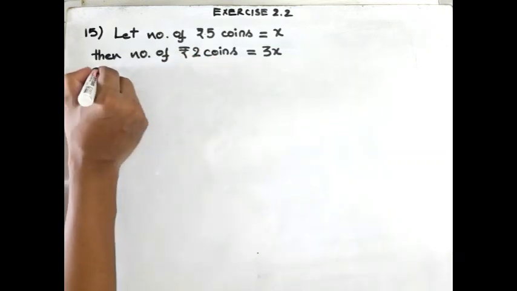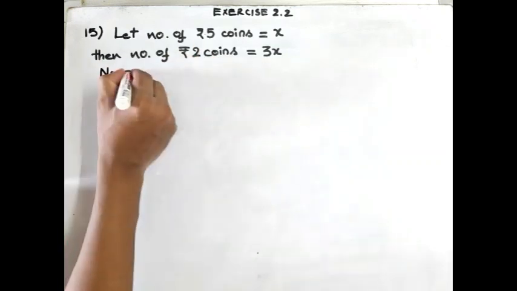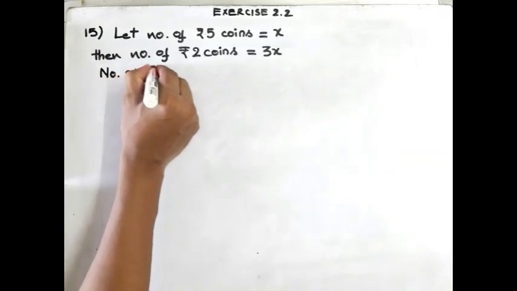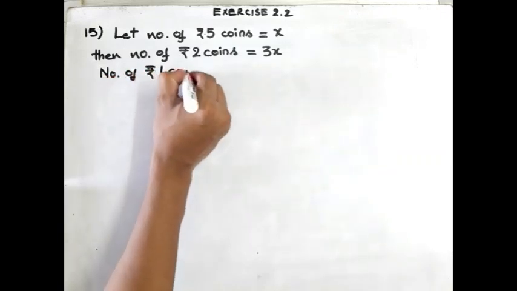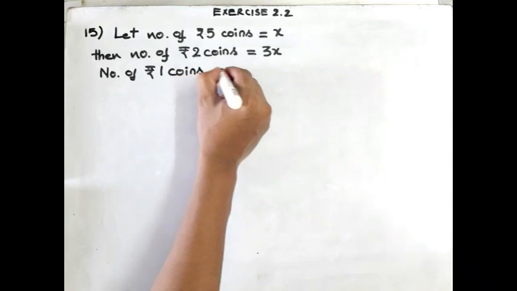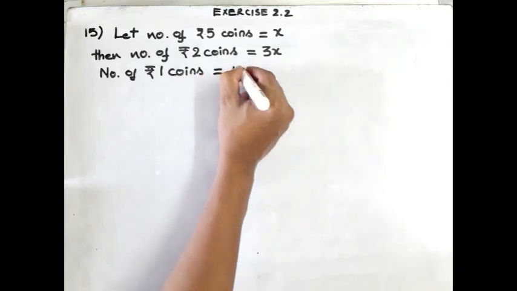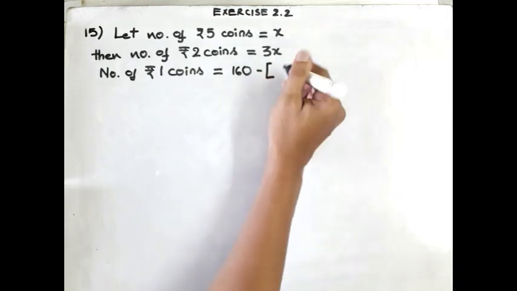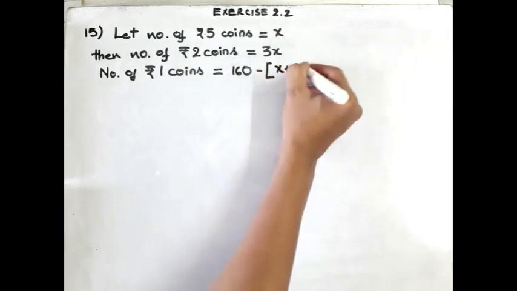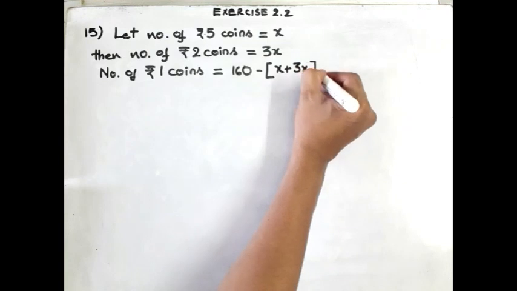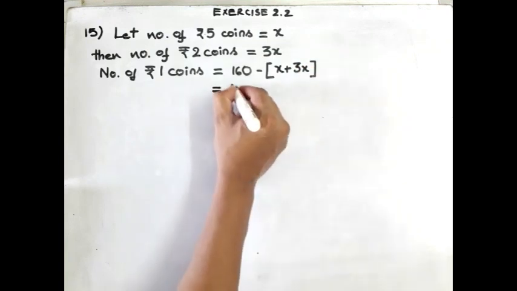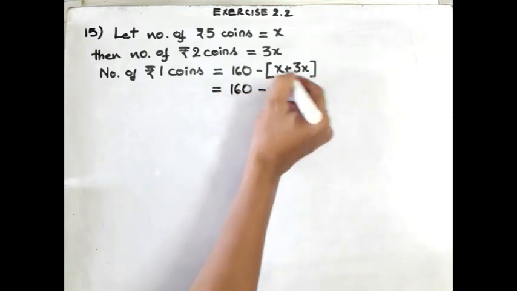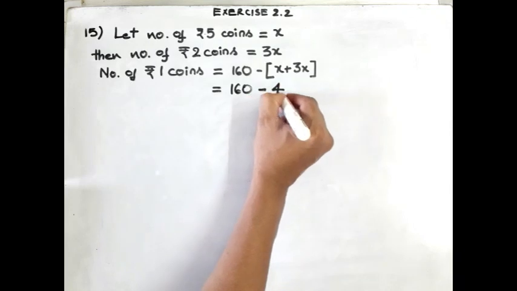Look, the number of rupees 1 coins is equal to, what is the total number of coins? 160. So 160 minus of this total, that means x plus 3x, gives us the number of 1 rupee coins. That is equal to 160 minus x plus 3x, 4x.